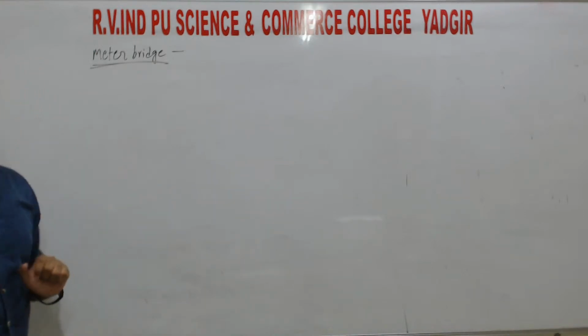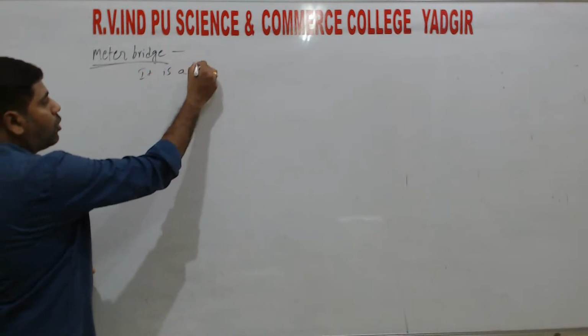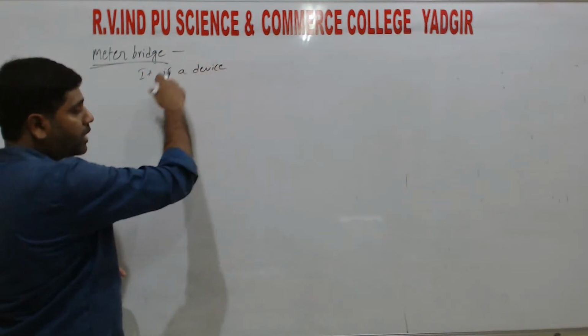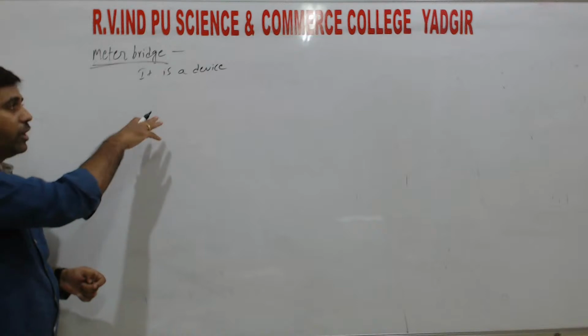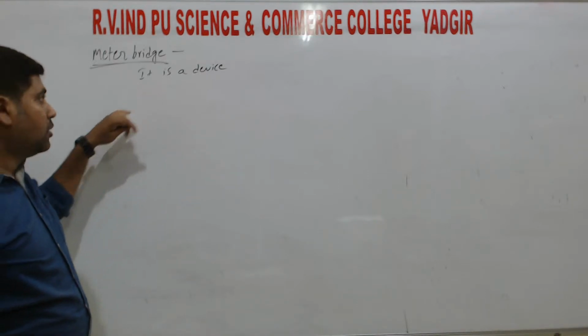So what is meter bridge? It is a device or instrument. This we have in our lab. In the lab we are going to do 3 to 4 experiments on the meter bridge, right.